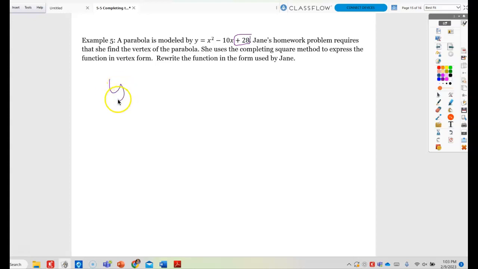So we have y equals x squared minus 10x. I want to create that perfect square. So I'm going to just move that 28 way over here. Now, in all the other problems, we added the value to both sides to balance the equation, right?